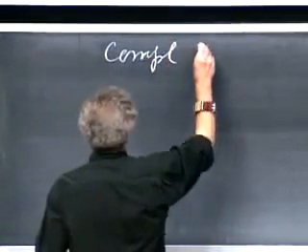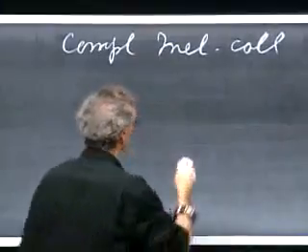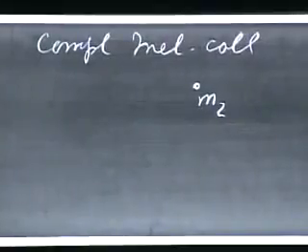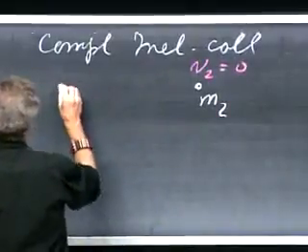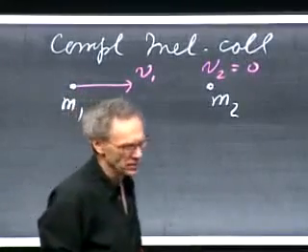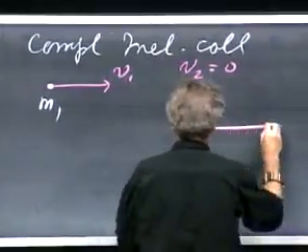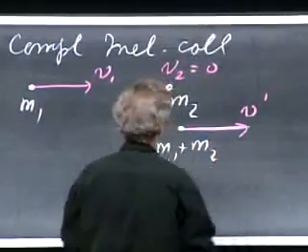So now we are back in 26100, and we're going to make a completely inelastic collision. That means they stick together, remember? And M2, to make life a little simpler, has no speed, V2 equals 0, and M1 has a velocity V1. You've seen this now a zillion times. They stick together, and so I have here a velocity which I call V prime, and the mass is M1 plus M2.